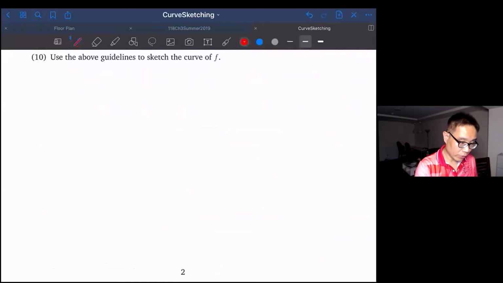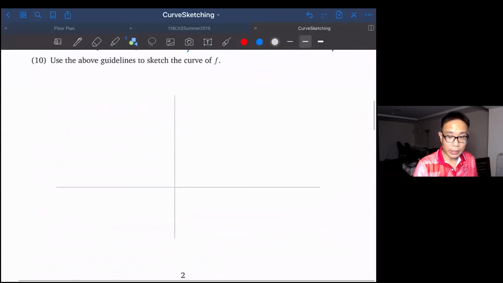Okay, so first of all, we're going to draw the x-axis and y-axis. It's going to be only between -1 and 4. Let us write down -1, 0, 1, 2, 3, 4, and on the y-axis we go to 5 and -3.